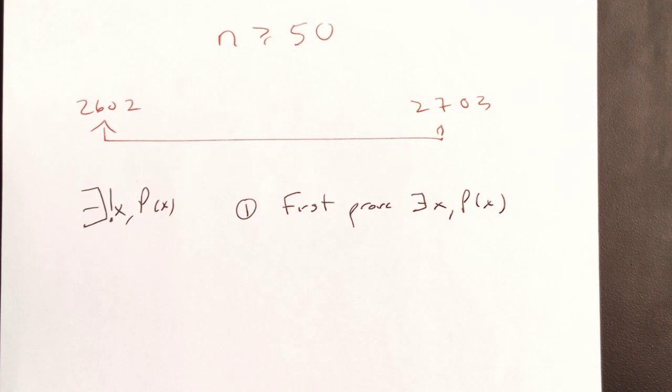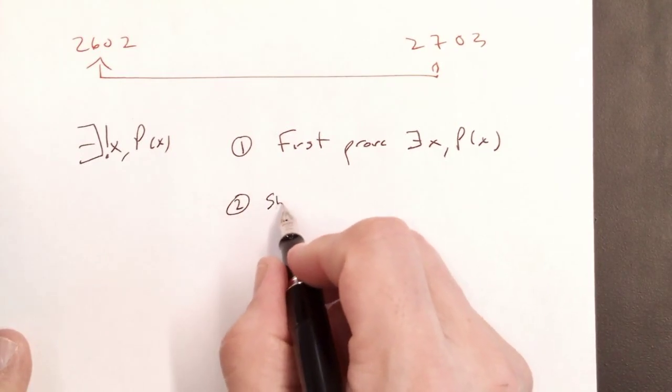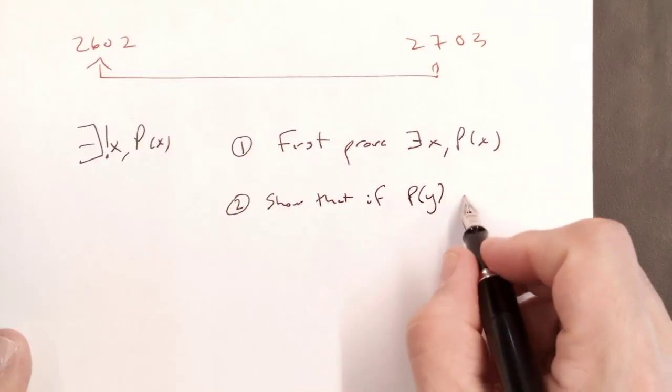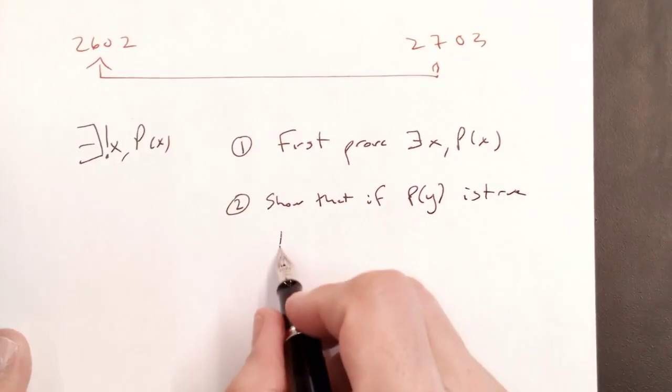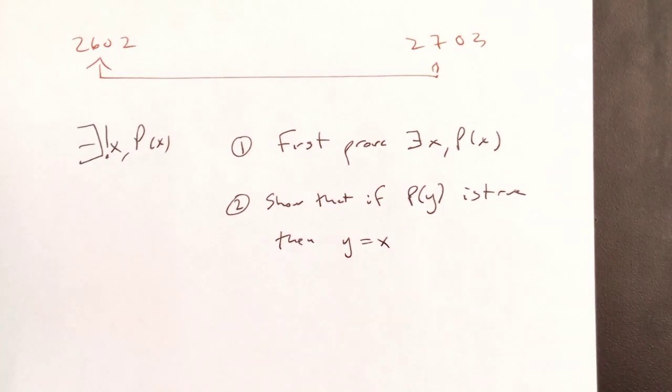First, you prove the existence part. And you can do that constructively or non-constructively, it doesn't matter. But then if something else does the job too, then that must be the number you already found.